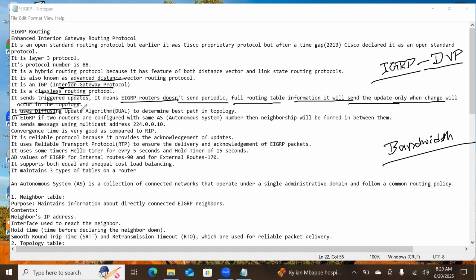It uses an algorithm called DUAL, the Diffusing Update Algorithm.